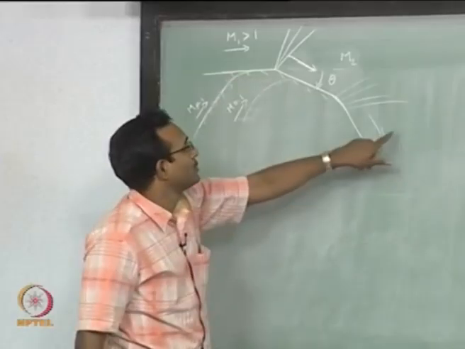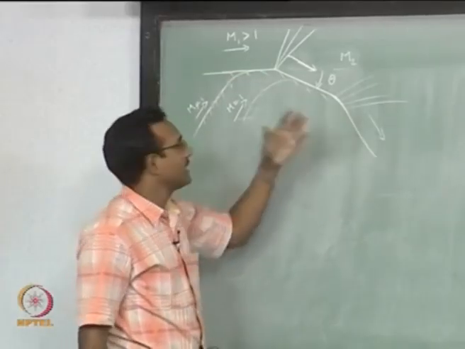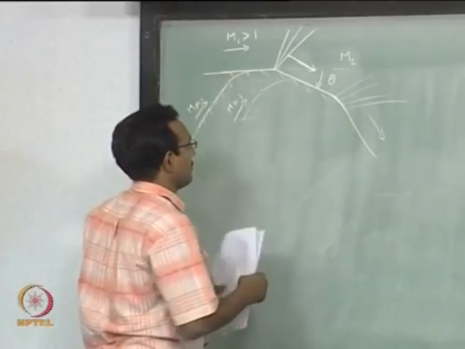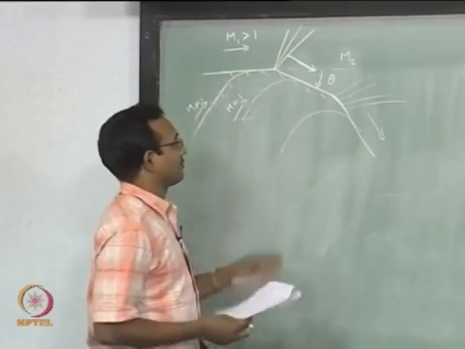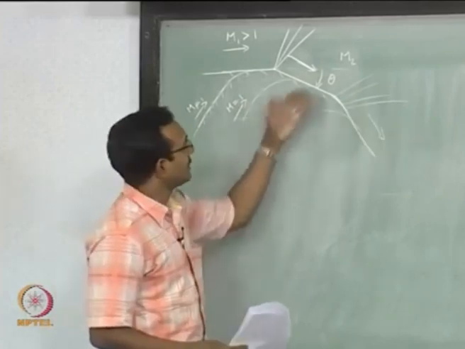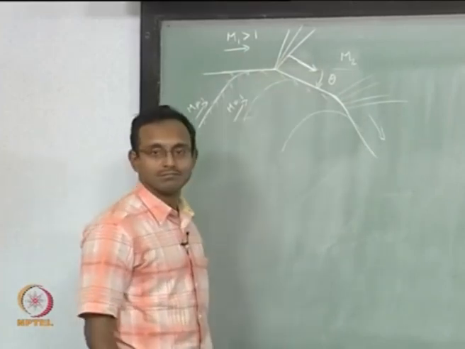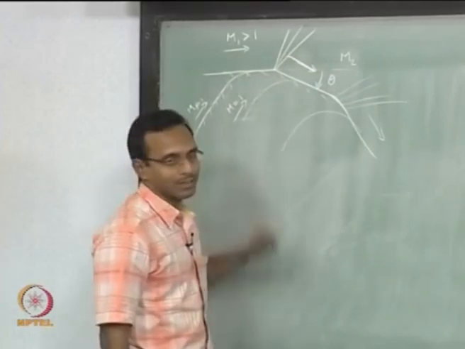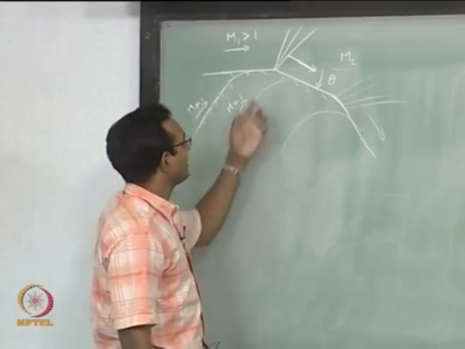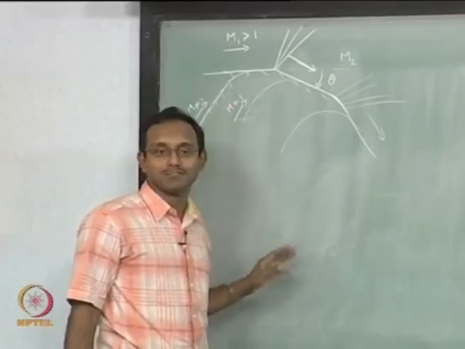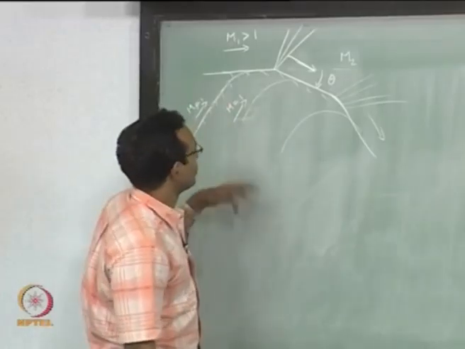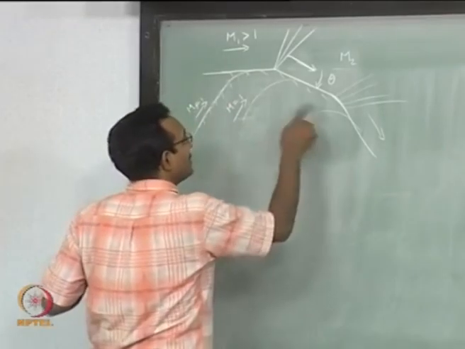If I think about what should be the Mach number here, I start from m equal to 1 and I turn the whole amount here. This turning is more than this turning. When that is happening, I can tell that this will have a higher Mach number because I know nu of m is a monotonically increasing function. And what will be the difference?